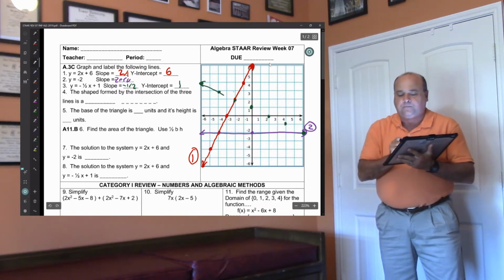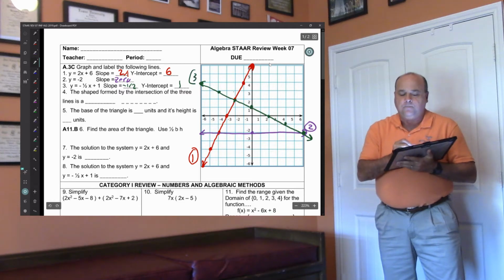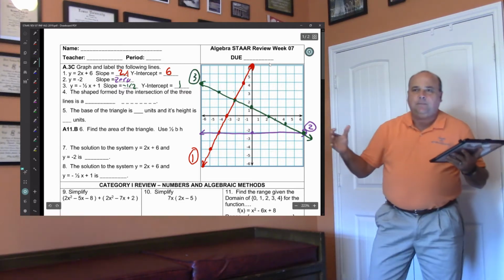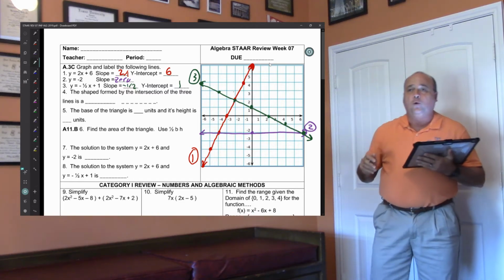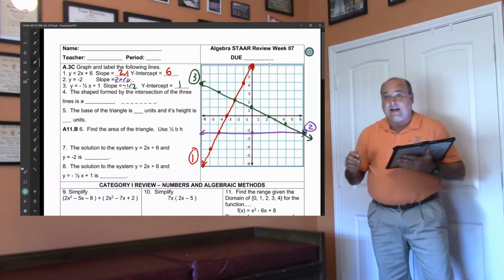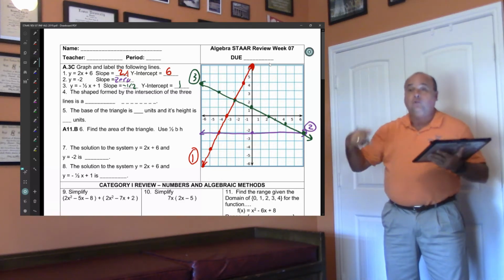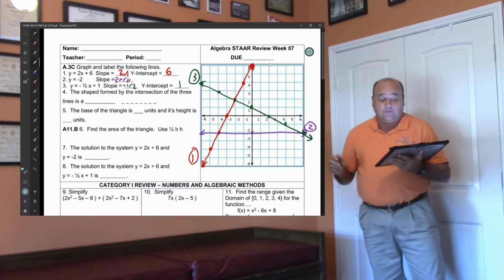Connect the dots. And now I have line 3. So you've got to be able to graph these lines. This is extremely important. We're going to be graphing lines between now and Christmas. You've got to get this down. So I would like you to do these over again. Make sure you do it. You've been graphing lines every week on these star reviews.